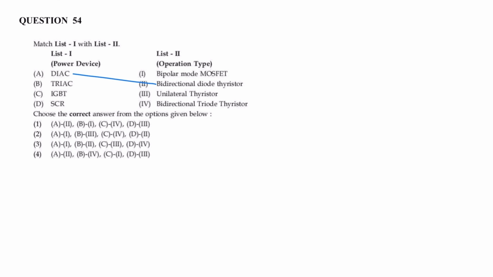Triac stands for triode AC switch, which is a bidirectional triode thyristor. So the diac consists of two terminals, whereas the triac consists of three terminals. Both are bidirectional devices.